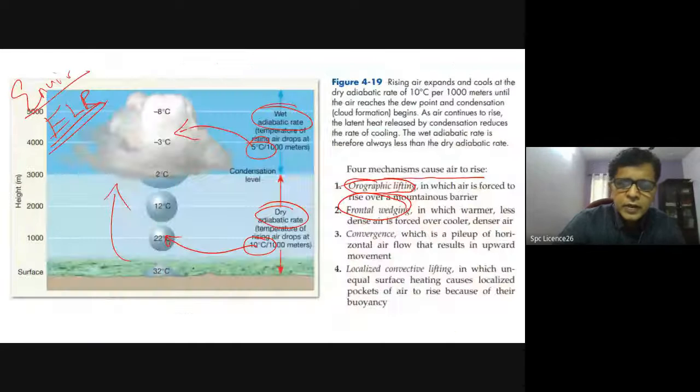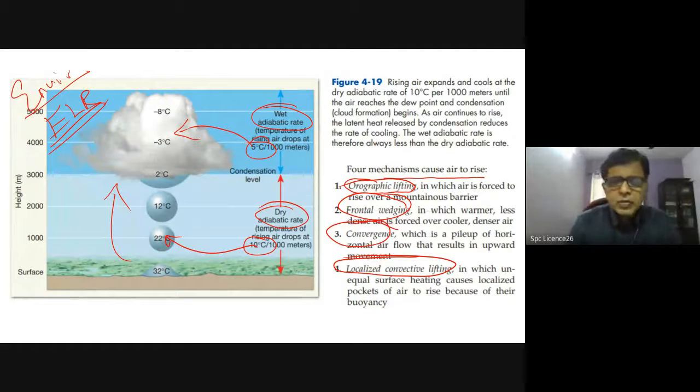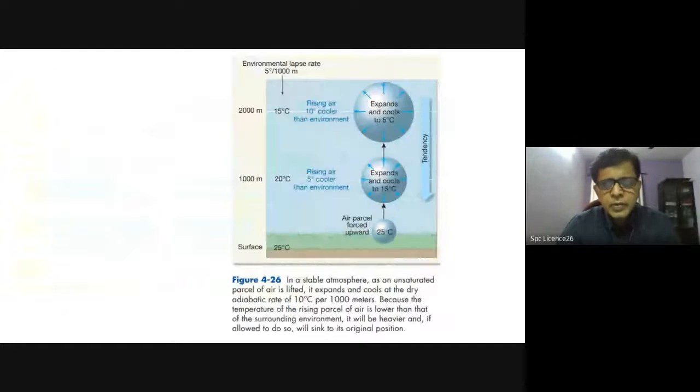Then you have convective lifting, which we're going to do. And convergence is something that you see in tropical cyclones. Where you're going to have low pressure, you'll have convergence. That is how you can remember it as well.